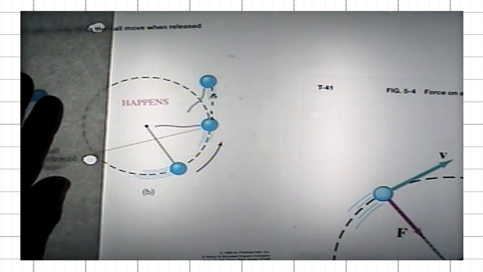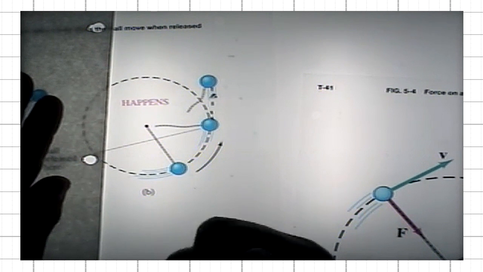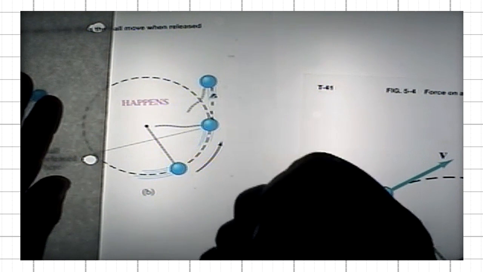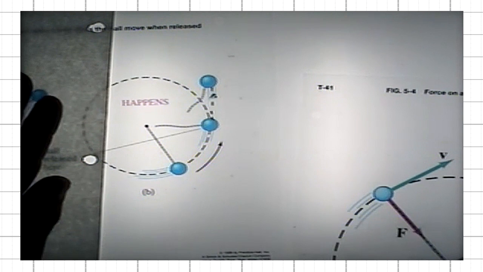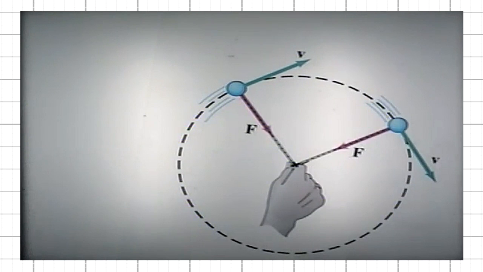So we need the force to change the speed, either increase it or decrease it, or to change the direction of motion. In the case of motion along the circle, the force has to point towards the center of the circle.